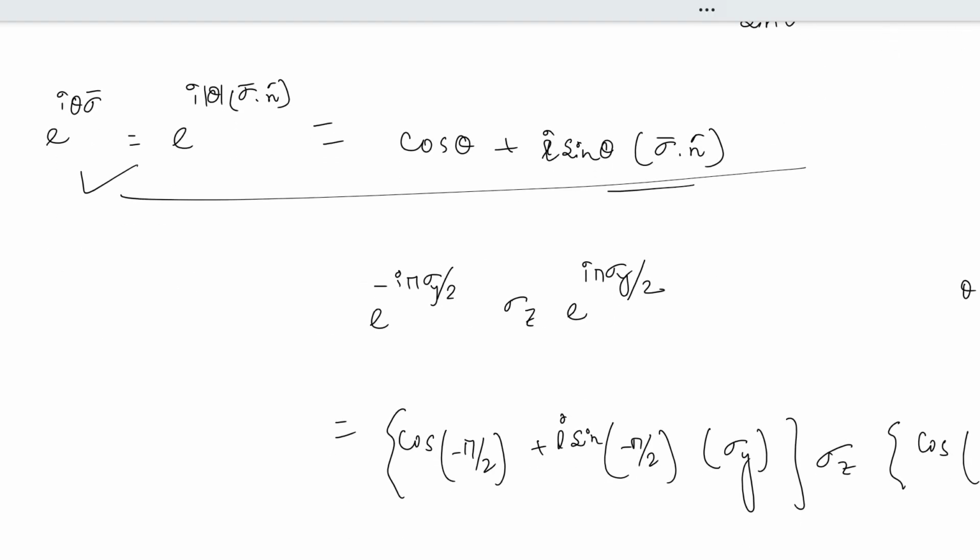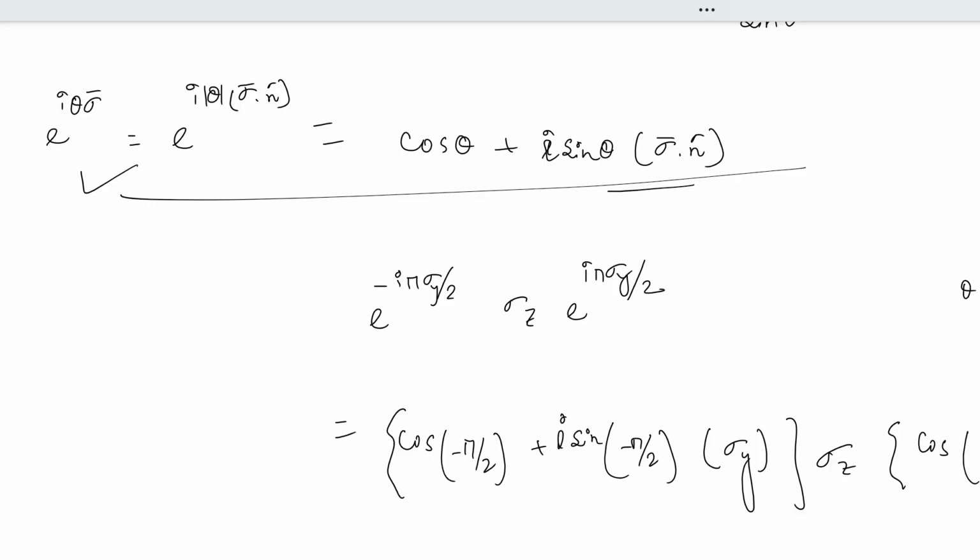sigma y. Now because you know that cos of minus theta is cos theta, so cos of minus pi by 2 is nothing but 0. So 0 plus i sine of minus pi by 2, so this minus comes outside for sine. So this is minus sine pi by 2, and sine pi by 2 is 1.